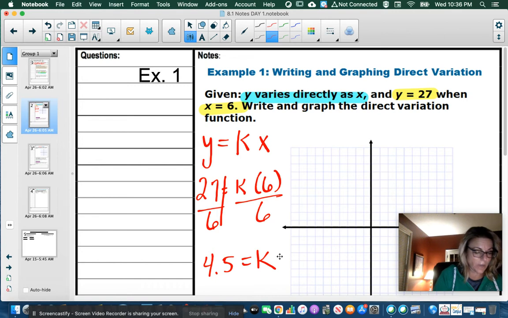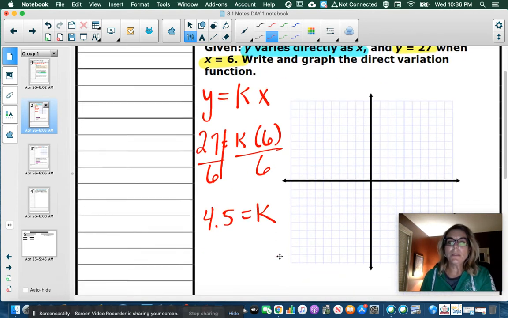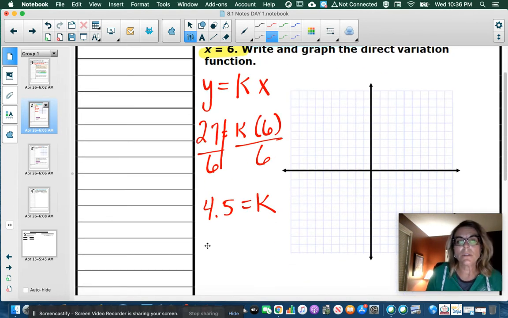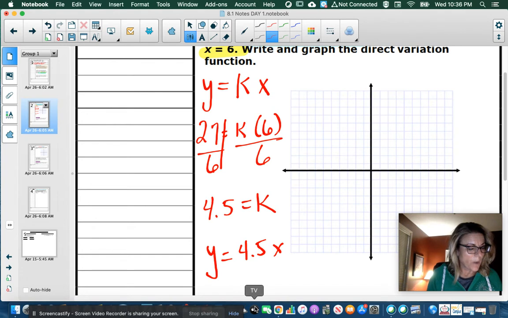That is our constant of variation. Now we can rewrite this as an equation. Y equals 4.5x.